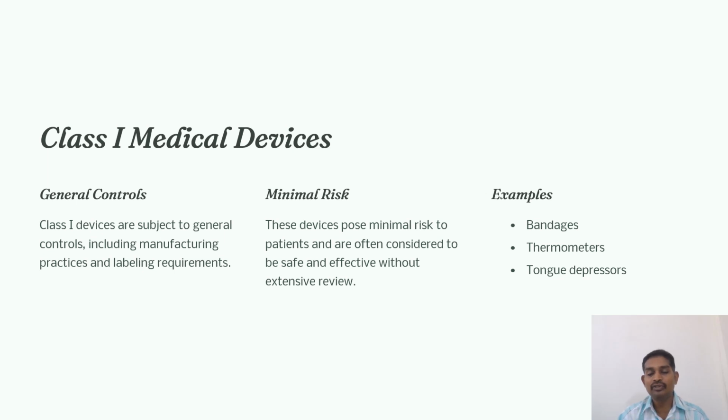The degree of invasiveness is non-invasive. Bandages we apply over the body and we are not going to penetrate or puncture any part of the body. Hence these are described as low risk level medical device equipment.